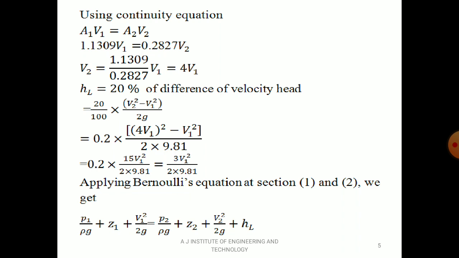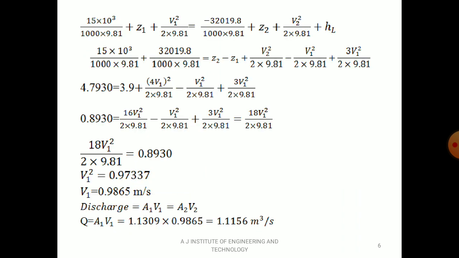So applying Bernoulli's equation at section 1 and section 2, we get P1 divided by rho g plus Z1 plus V1 square divided by 2g equal to P2 divided by rho g plus Z2 plus V2 square divided by 2g plus HL, where HL is head loss. Now P1 value is 15 into 10 to the power 3 and P2 value is minus 32,019.8, and the HL expression is known.